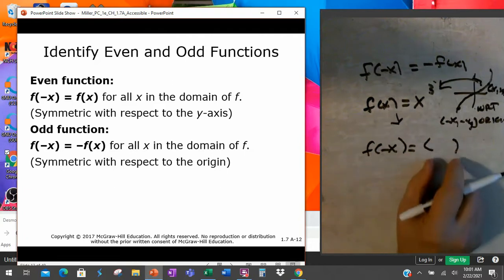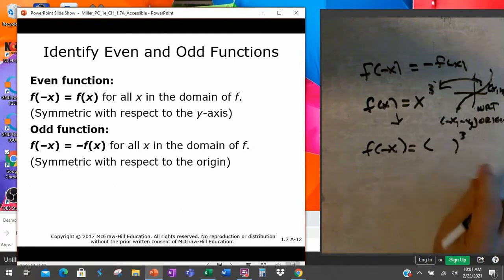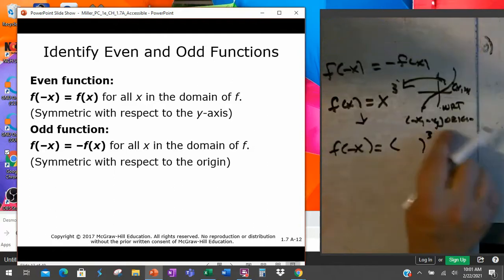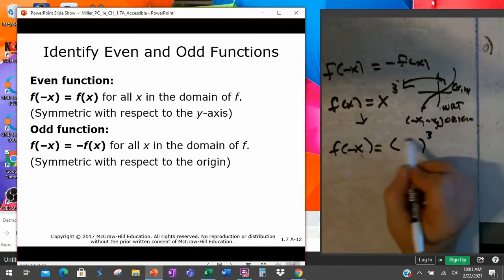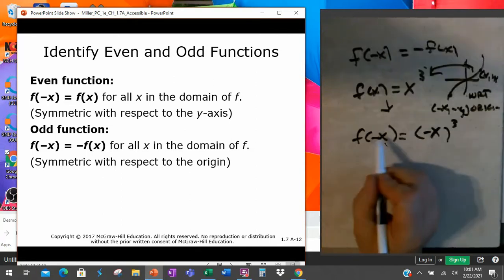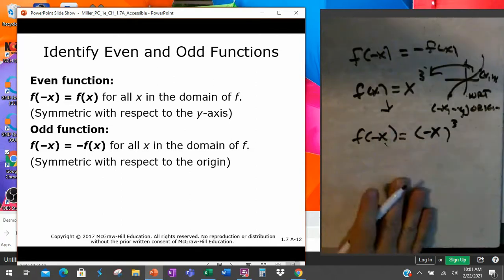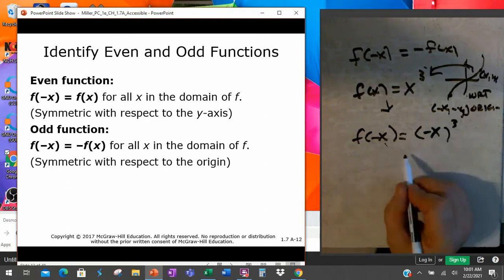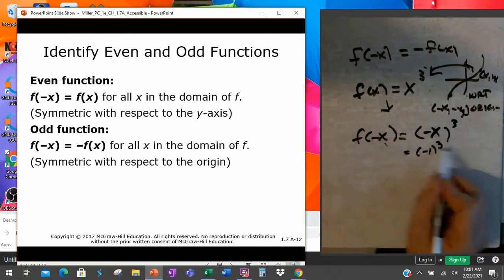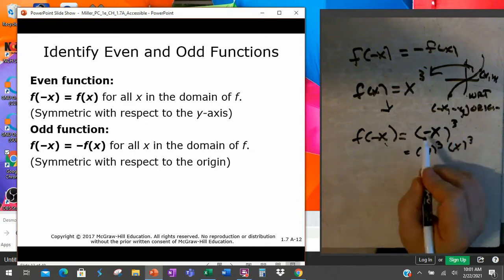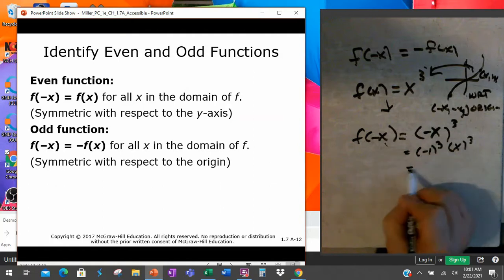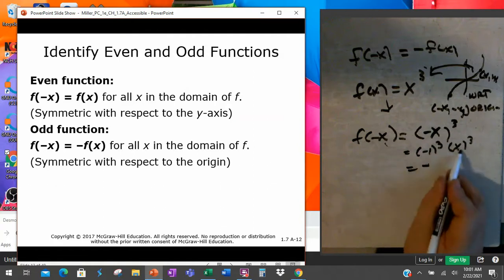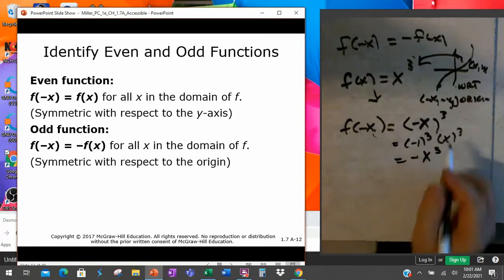Everywhere I see the x, I want to replace it by parentheses, and then I fill it in with whatever goes there. It says evaluate the function at negative x. And this turns out to be negative 1 cubed times x cubed, which is negative 1 times x cubed, which is just negative x cubed.